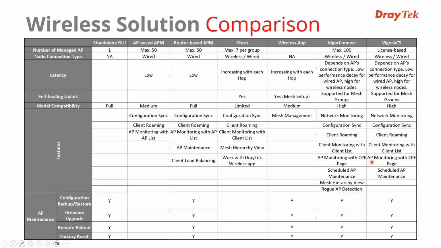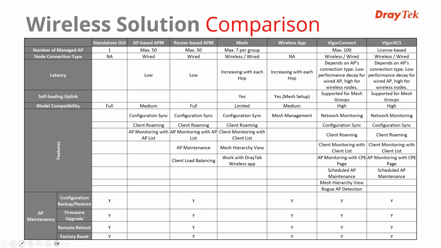Under the AP maintenance section down the bottom, we can see firmware upgrade for router-based AP management. So the router can manage access points. They need to be hardwired to your switch, and then we can do a lot of maintenance there. There's also the wireless app that can help with that, and so that's a kind of semi-solution for the mesh setup.